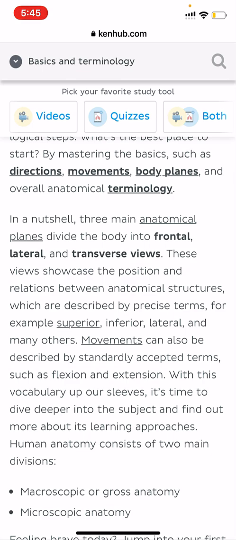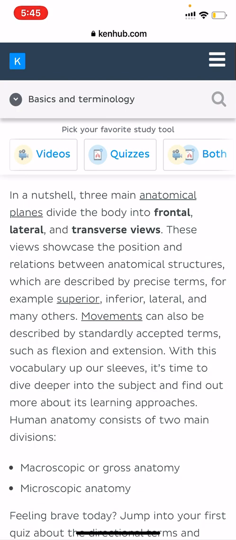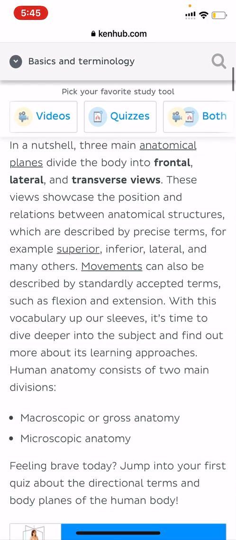Movement can also be described by standardly accepted terms such as flexion and extension. With this vocabulary up our sleeves, it's time to dive deeper into the subject and find out more about its learning approaches.